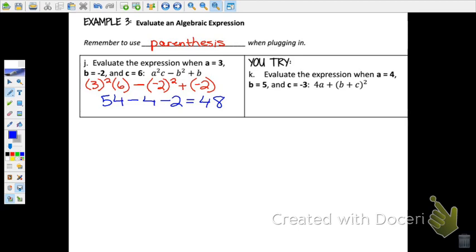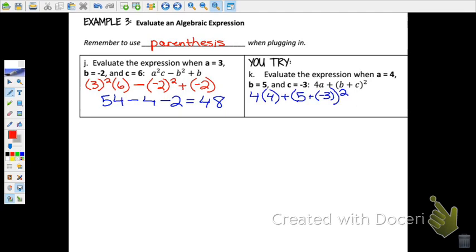For K, we have 4 times 4 plus parentheses. I have a 5 and I'm adding a negative 3 and squaring.